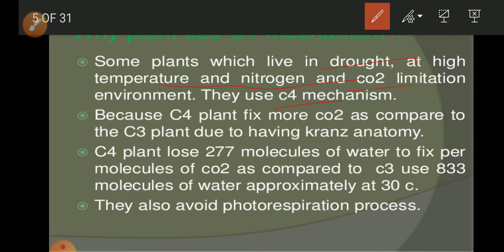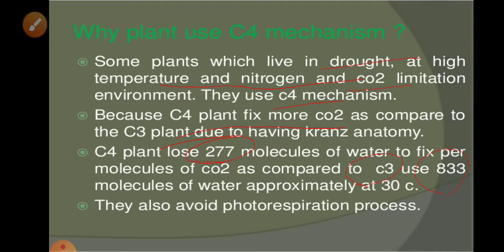C4 plants fix more carbon dioxide as compared to C3 plants, and C4 plants lose 277 molecules of water to fix a carbon dioxide molecule, as compared to C3 plants, which utilize 833 water molecules. That is a comparatively better adaptation for plants that live in tropical environments and very hot temperatures, in which plants need to save their water content, so they avoid the photorespiration process.